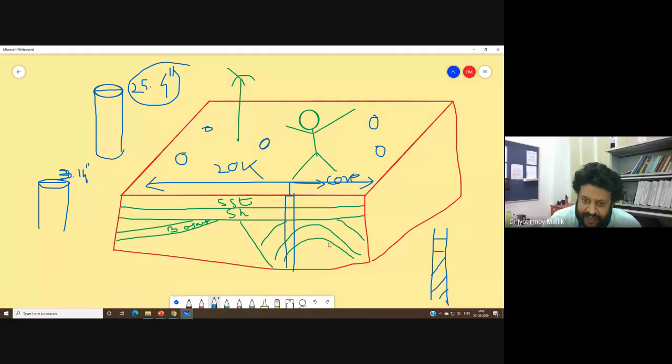Does it reflect the fold? No, you don't see the fold. You completely miss the fold. You just see some inclined beds. If I just take the core out here, I will not be able to see the fold. There is not a single place where a single well will image that fold.